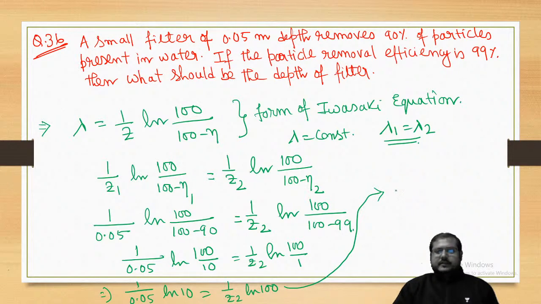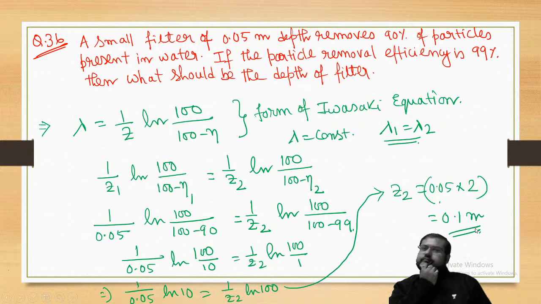From here you can say that z2 is equal to 0.05 into ln 100 by ln 10, so it is 0.1 meter. Okay.